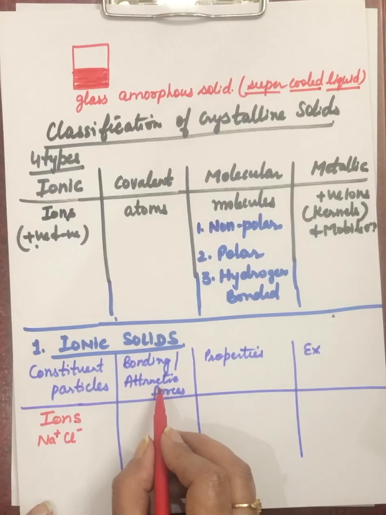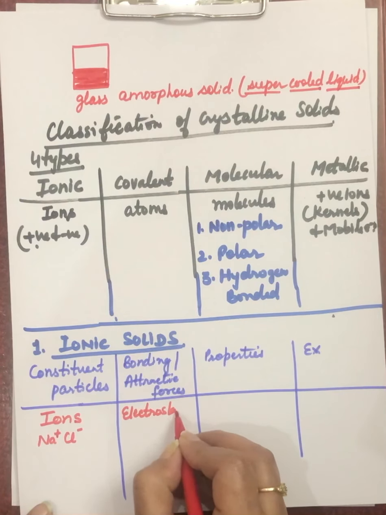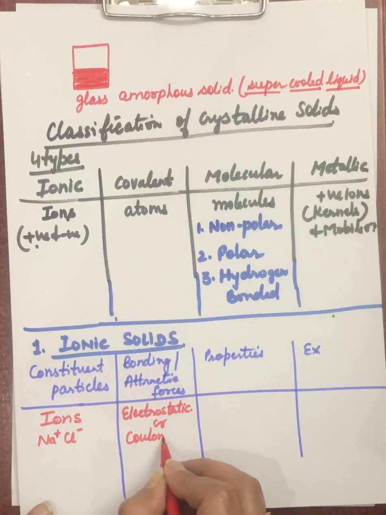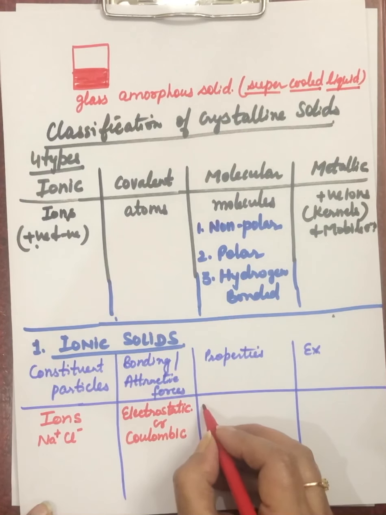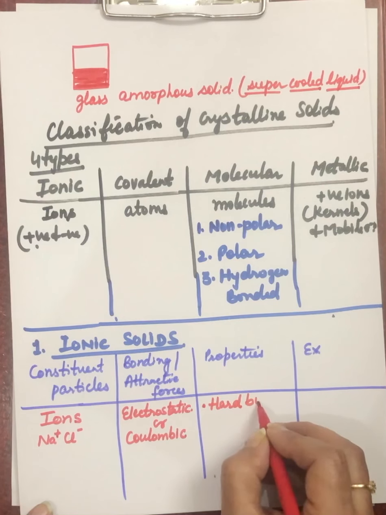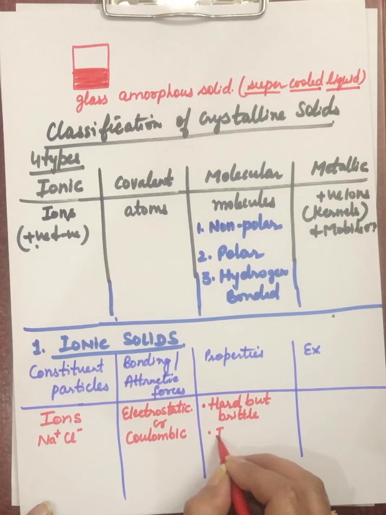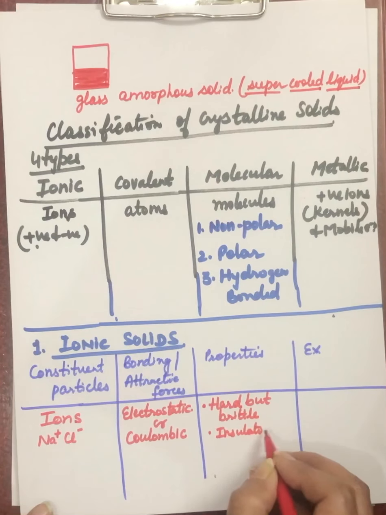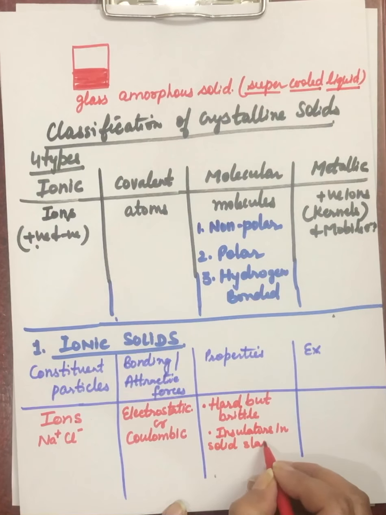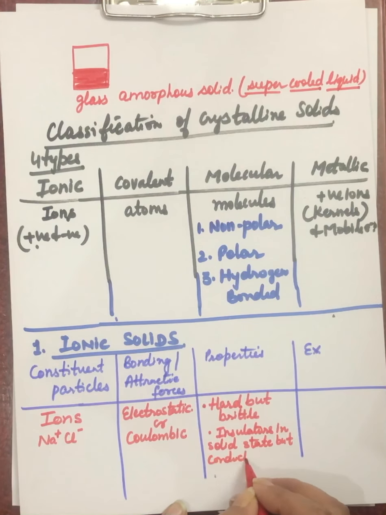The forces in ionic solids are very strong forces called electrostatic forces, or also known as Coulombic forces. Properties of ionic solids: they are hard because the bonding is very strong but brittle. Second, they are insulators in solid state, but in molten state or in aqueous form they conduct electricity.